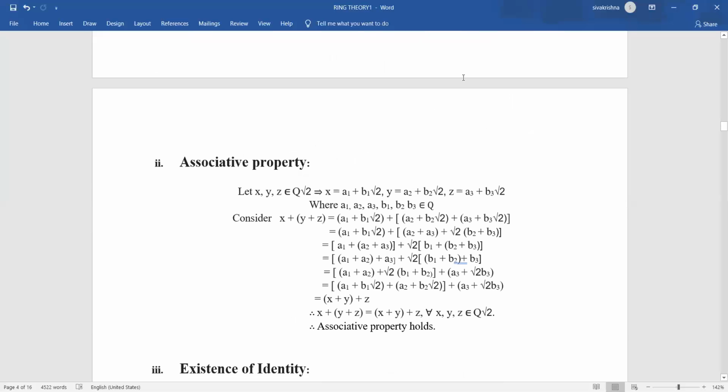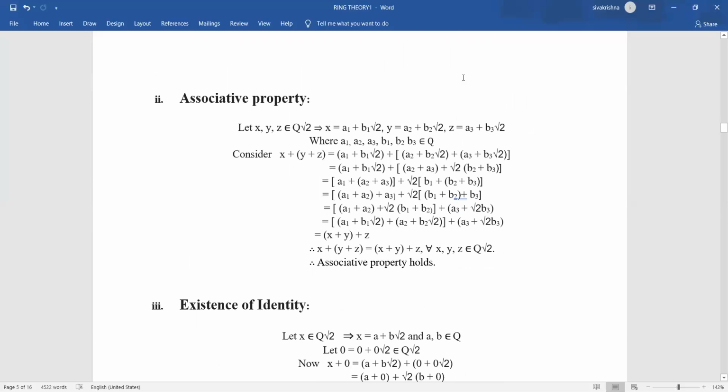Coming to the second property, that is associative property. For this property, I have to consider three elements, x, y, z in Q root 2. So I am writing x as a1 plus b1 root 2, y as a2 plus b2 root 2, and z as a3 plus b3 root 2.